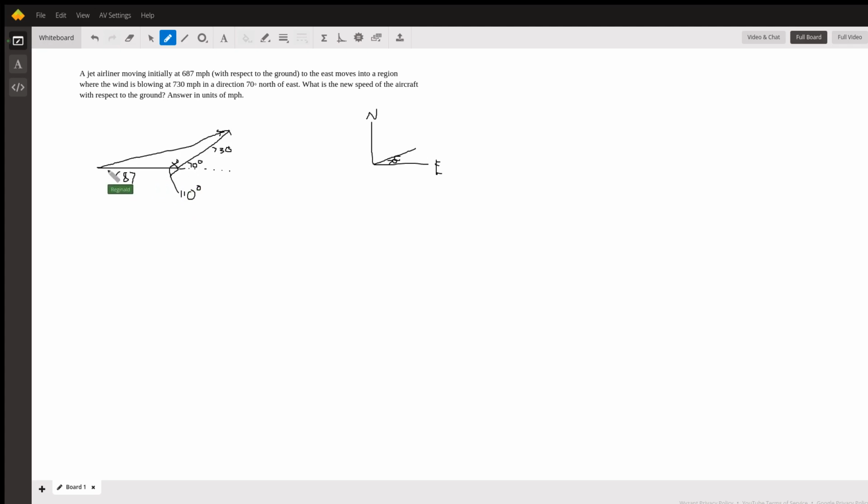So let's see, we have a side. Actually, I'm going to draw it over here. So we have a side, an angle, and another side, right?